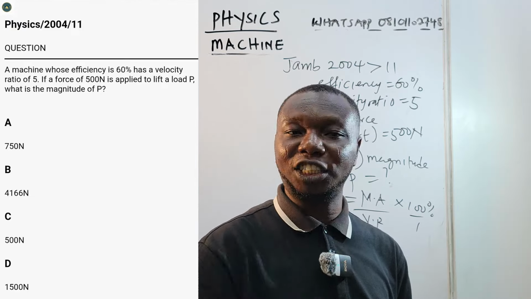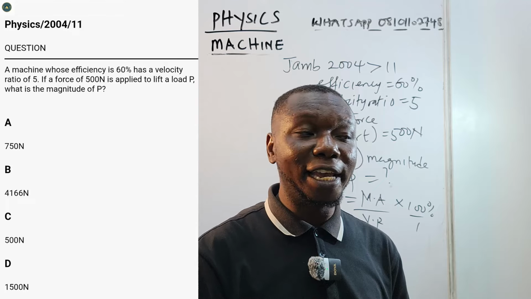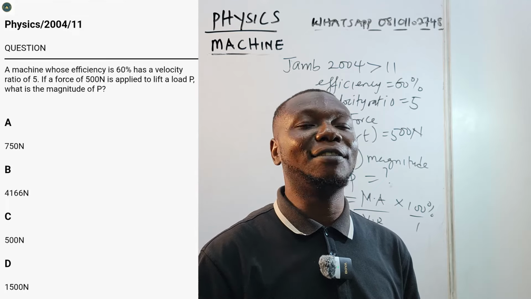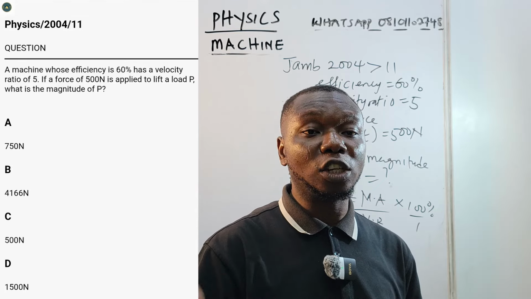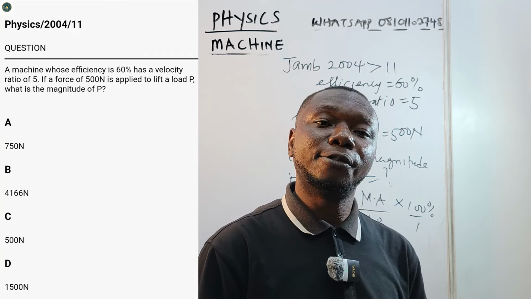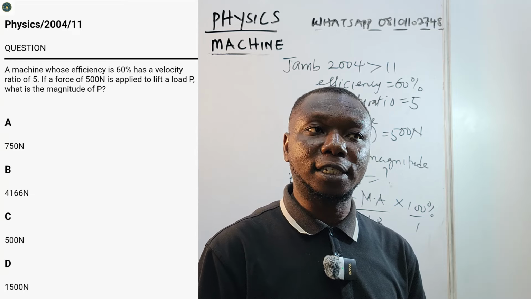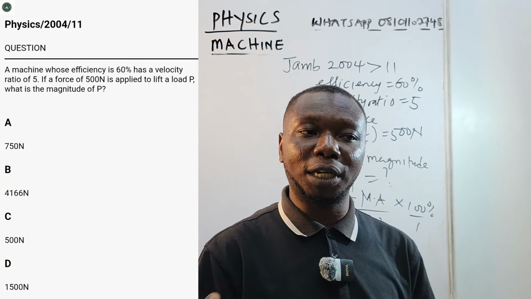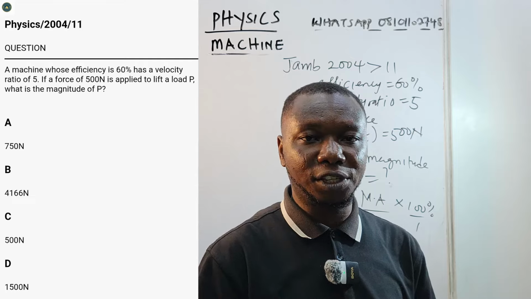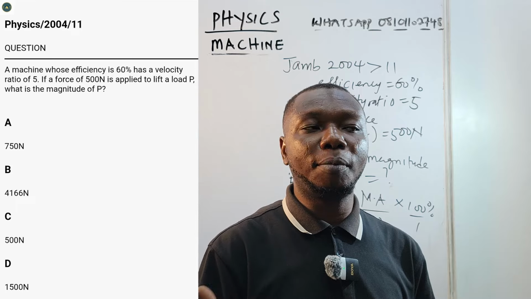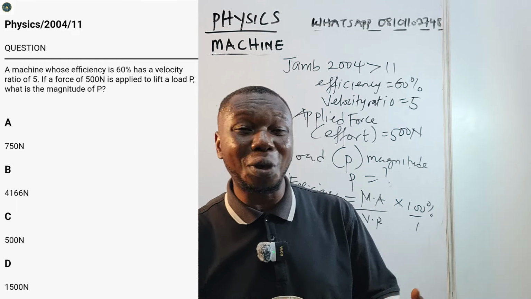But a working machine, like your fridge or AC, can never have an efficiency of 100% because there's work done against friction. The moving parts of this machine undergo depreciation, or wear and tear.